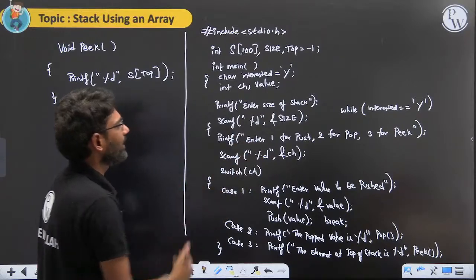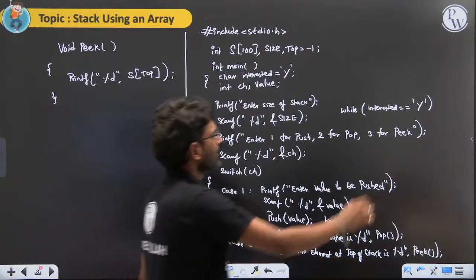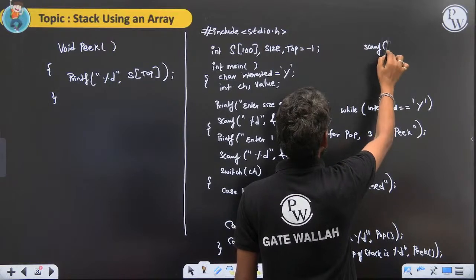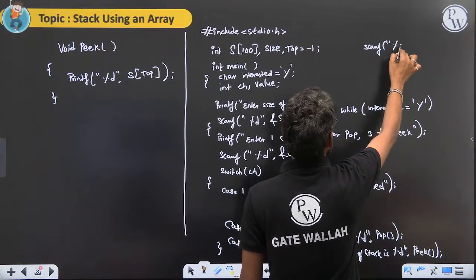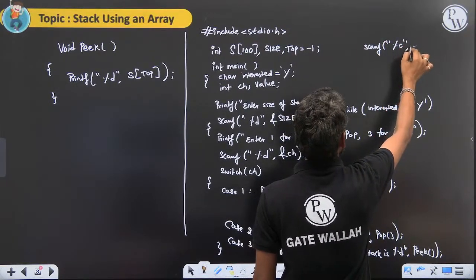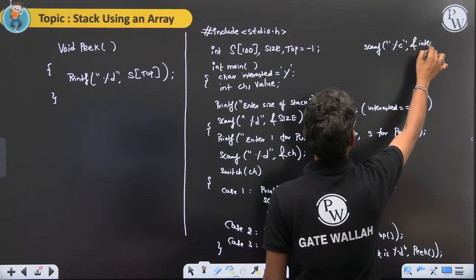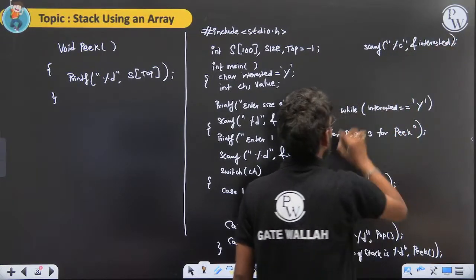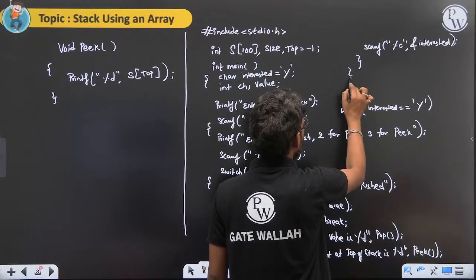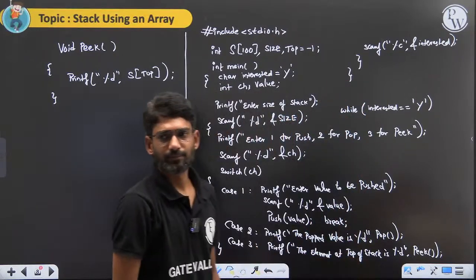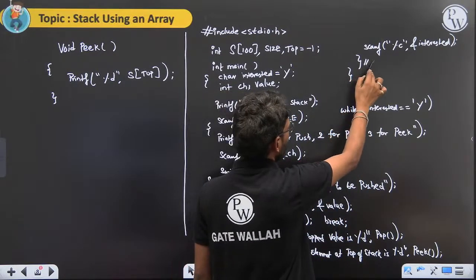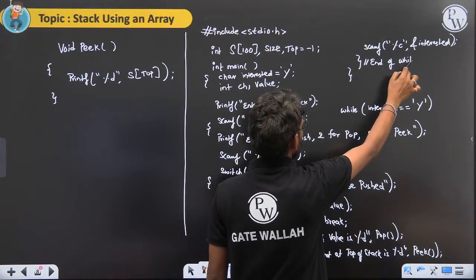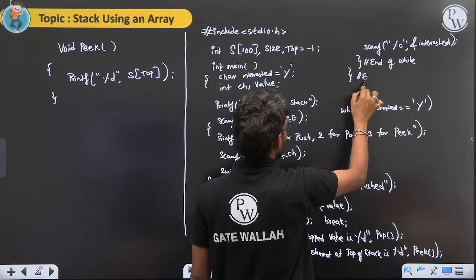Now I will be taking the interest. After switch is over, scan %c, interested. While is over, main function is over. This is the end of while and this is end of main.